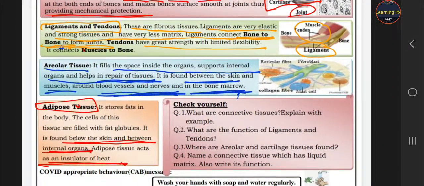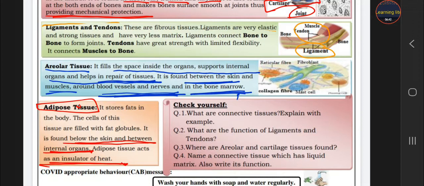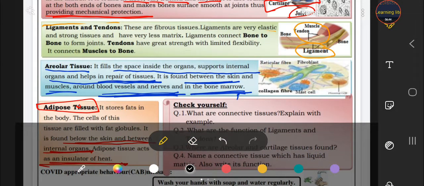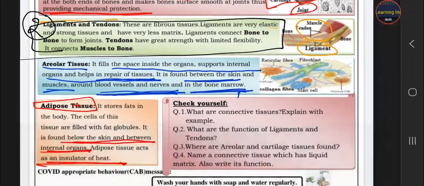Second question, what are the functions of ligament and tendons? This is your second answer.